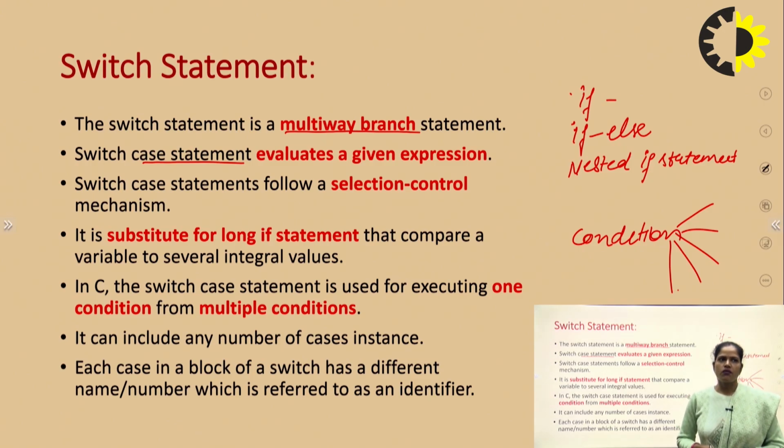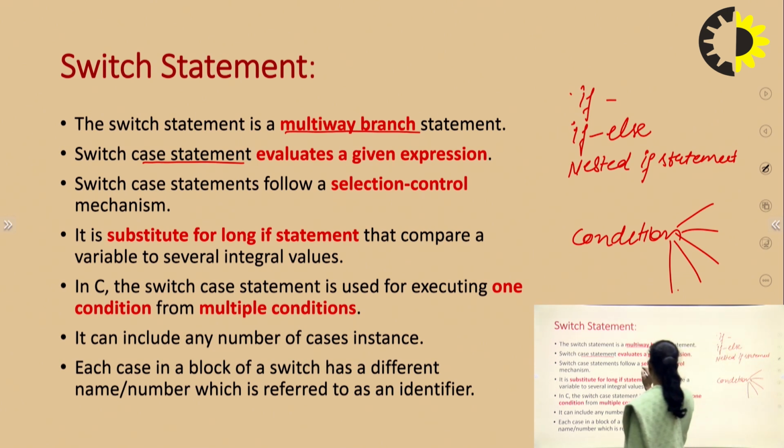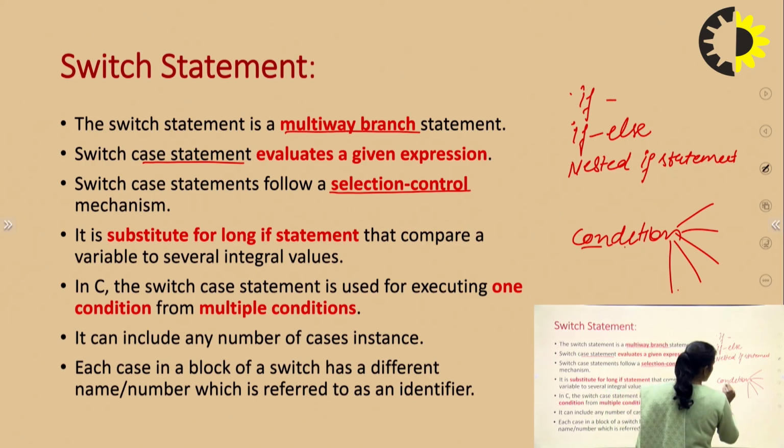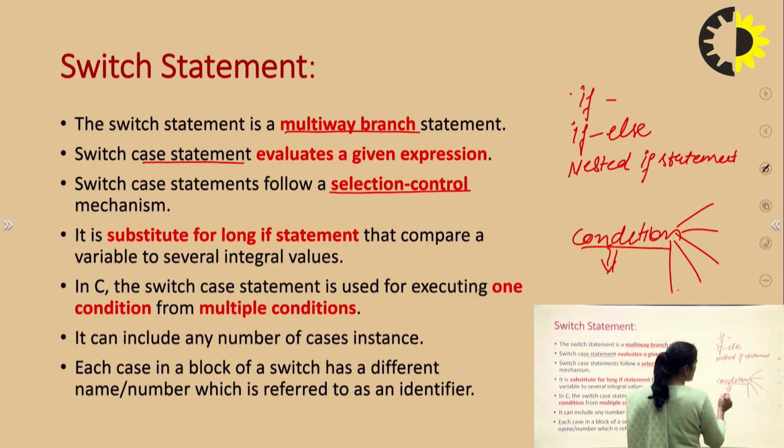The switch statement follows a selection control mechanism. What do we mean by the selection control mechanism? Let's say the condition, which in a switch statement we call an expression.